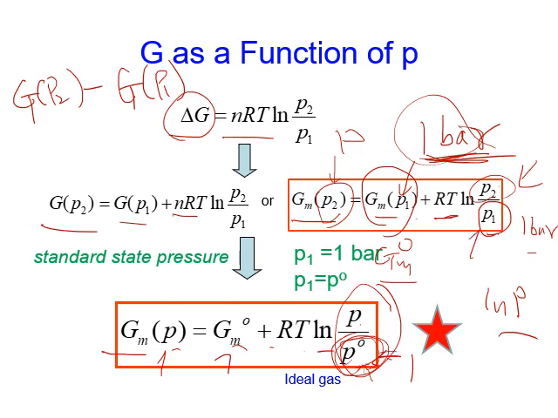And this is a very important equation. It tells you that at any pressure, the Gibbs energy can be referenced to the standard state Gibbs energy, but it's not a standard state, so you need to add a correction due to the pressure, that is RT ln P over 1 bar.